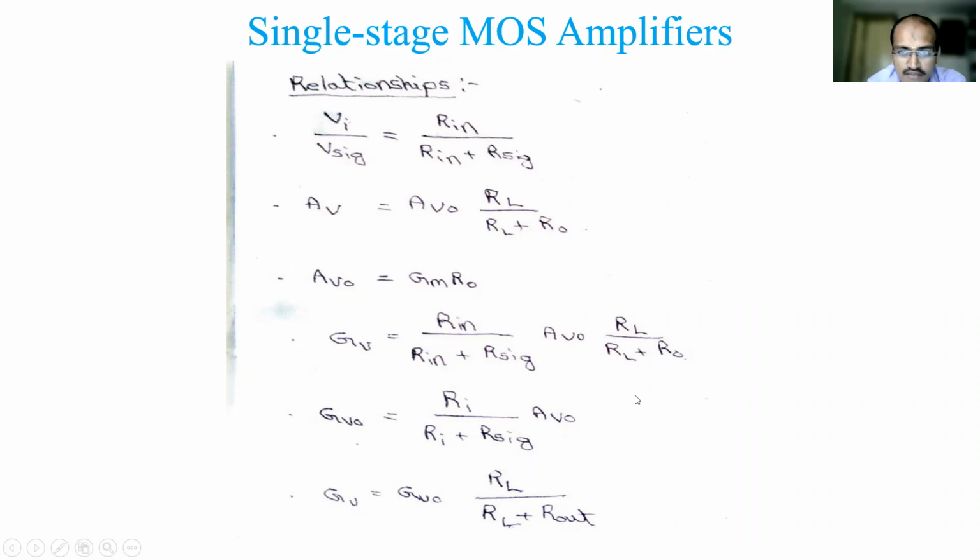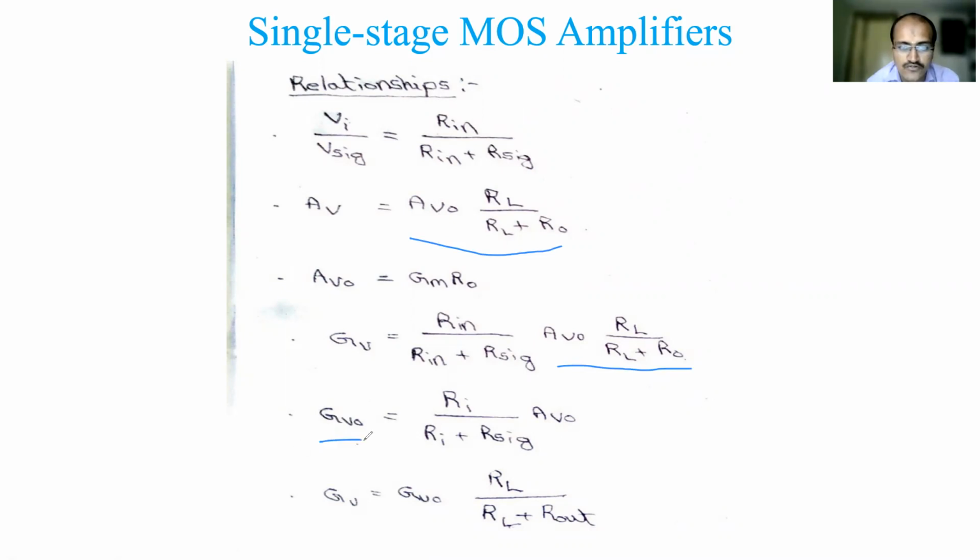So Gv is nothing but Av into Rin by Rin plus R signal. You can remember it like that also.